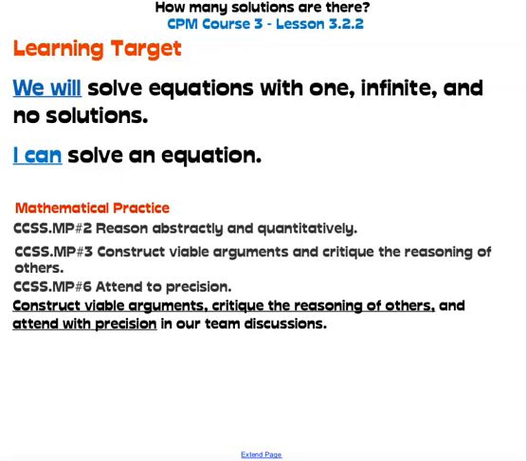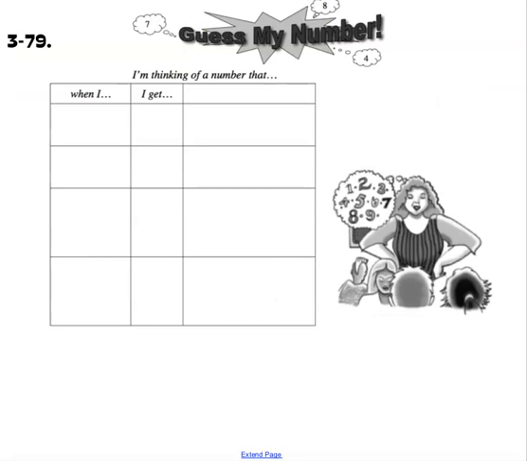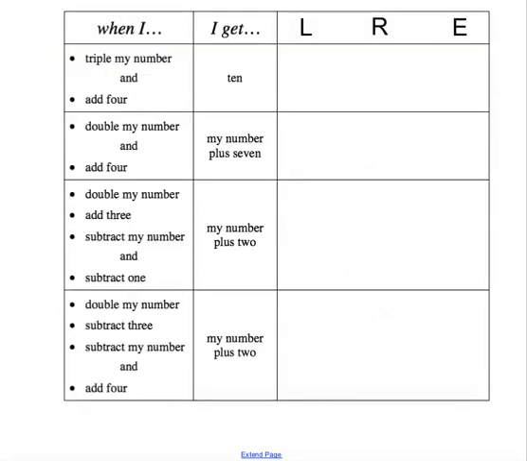So when we look at your Desmos that you're going to be doing, basically the first problem, even though it says 79, is really going to be problem 80. And it's going to look like this. And what we're trying to get you to do here is to use this number.